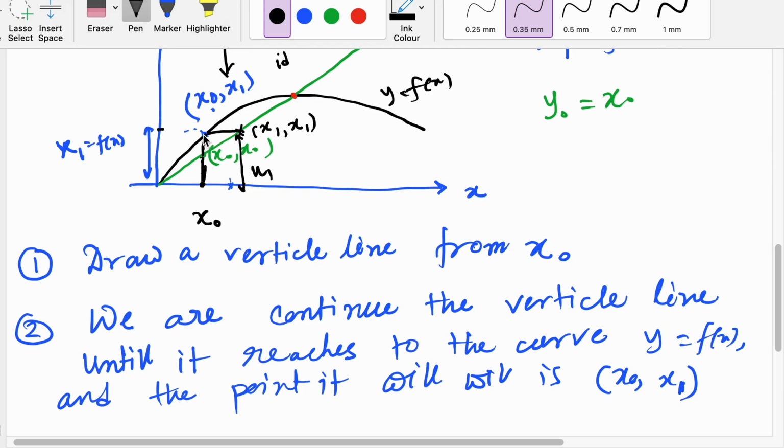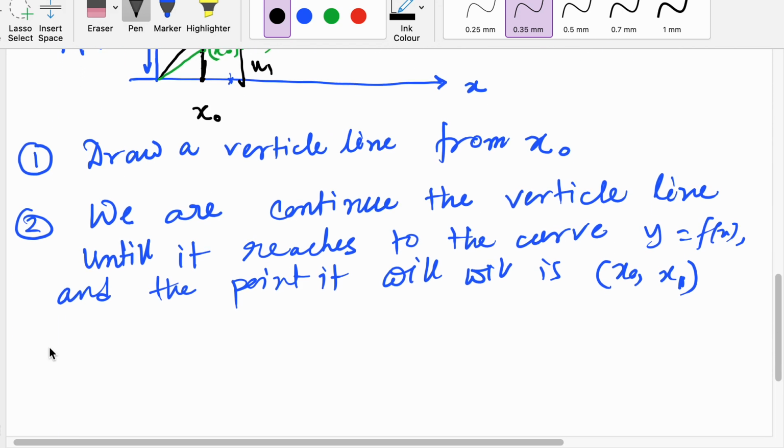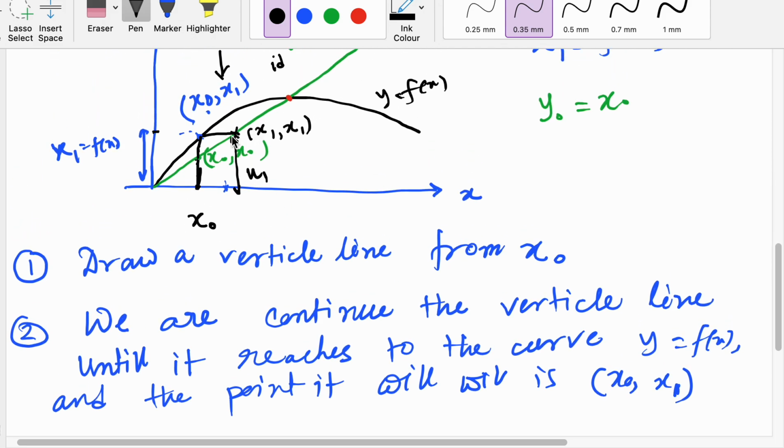So then we get x1 x1, from x0. Then again we go vertically, and since this point is x1, if I go vertically, it will hit somewhere. So the first is the second process, let me do the third process.